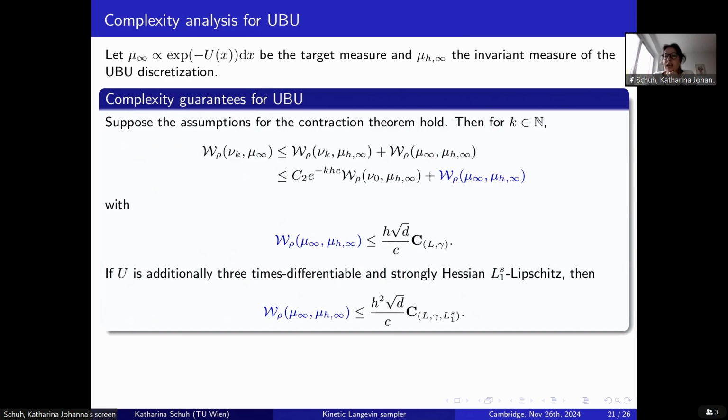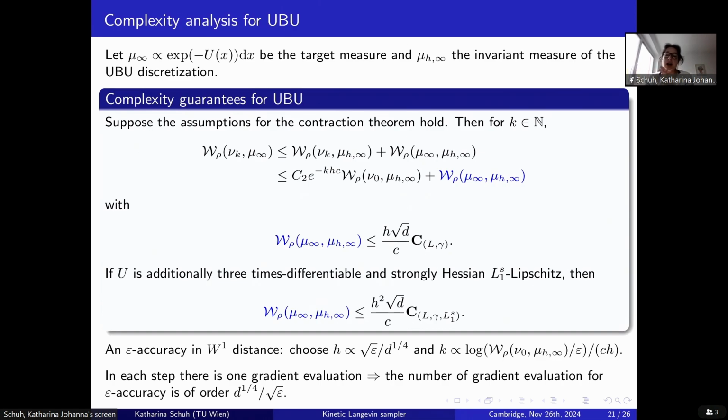And so if we then make the analysis of how many steps or how many gradient evaluations we need to get an epsilon accuracy in the Wasserstein 1 distance, first of all, we get that we have to choose h proportional to square root of epsilon over d to the 1/4. And with this, the estimate on the number of gradient evaluations is of order d to the power 1/4 divided by square root of epsilon.